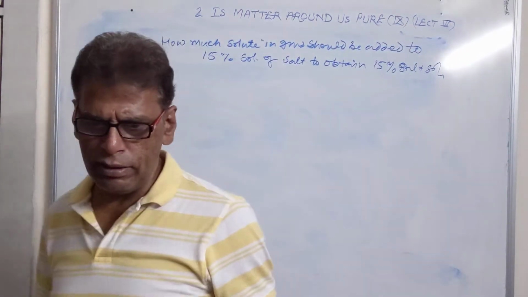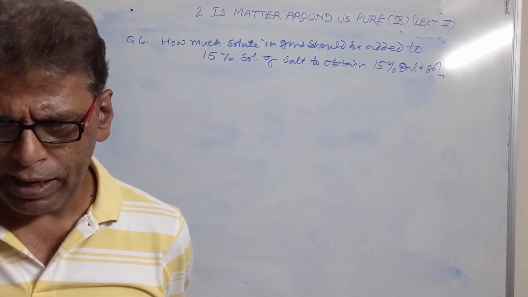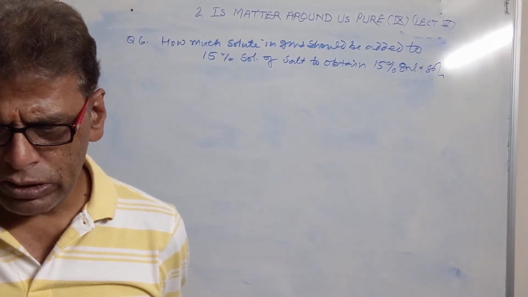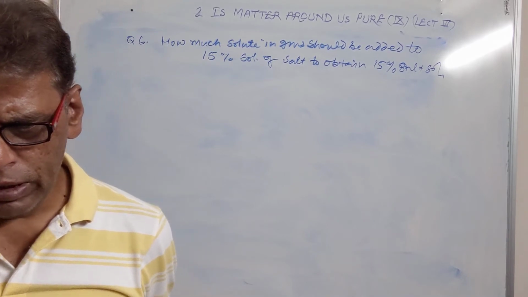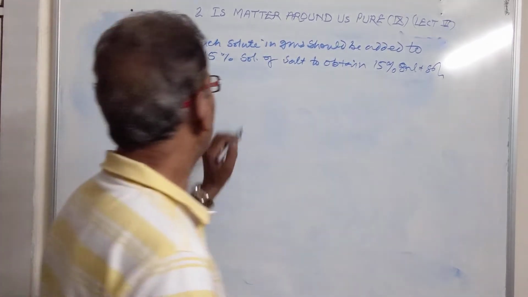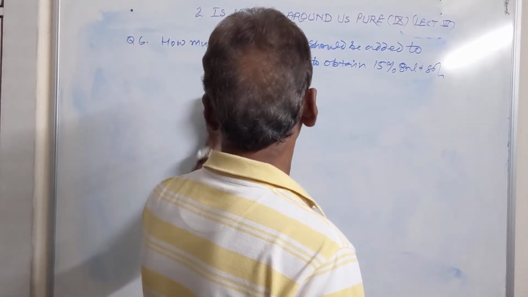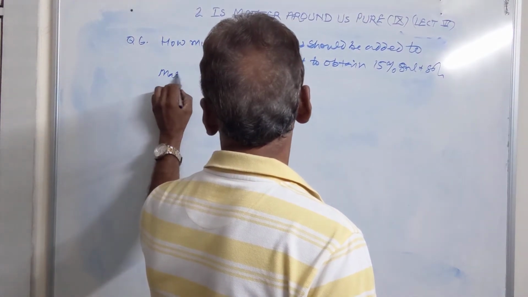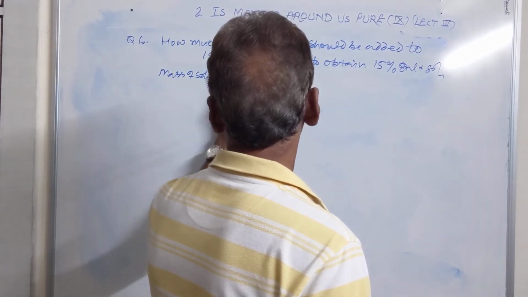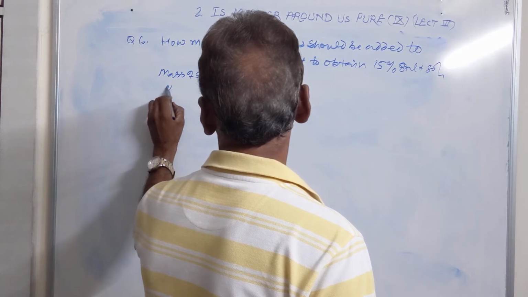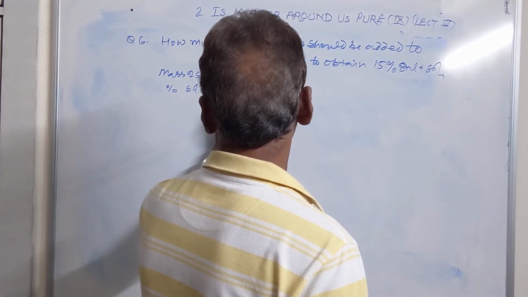So let us study the problem again. How much mass should be added to 15 gram of salt to obtain 15% solution? Mass of solute, that is 15 gram. Mass percentage of solution, it is 15%.